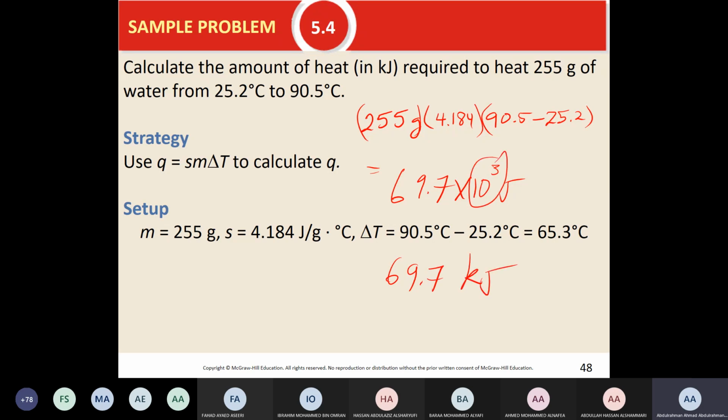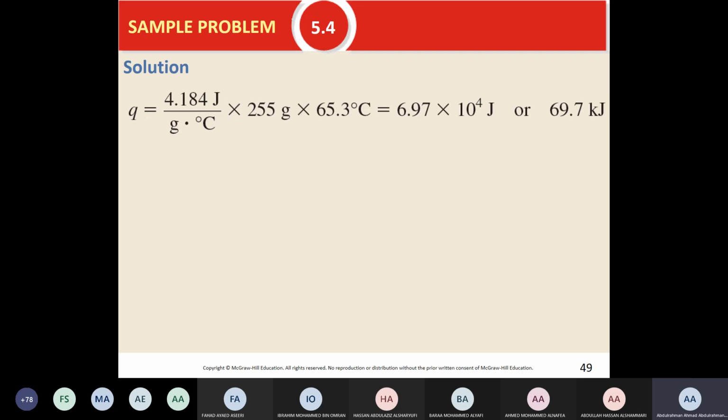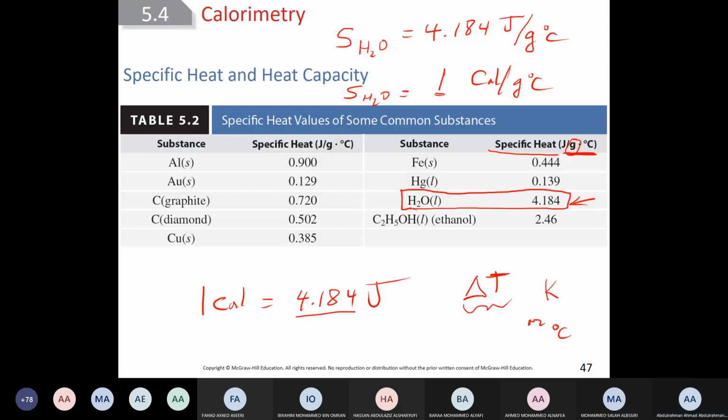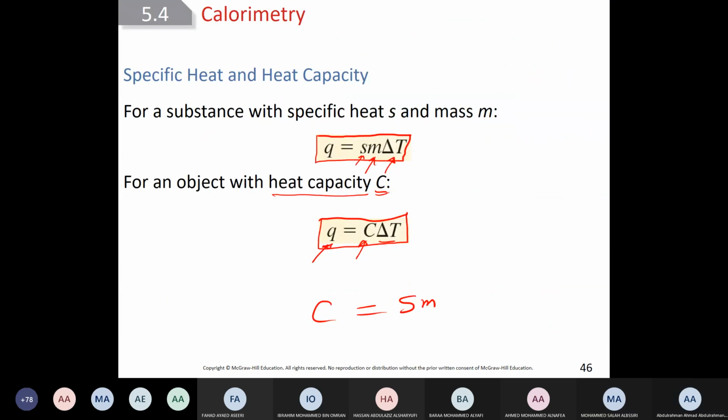That's easy. Doctor, what is S? In the equation Q equals M S delta T? What's this? Specific heat. Did you memorize this equation? Yes. Okay, S is specific heat.